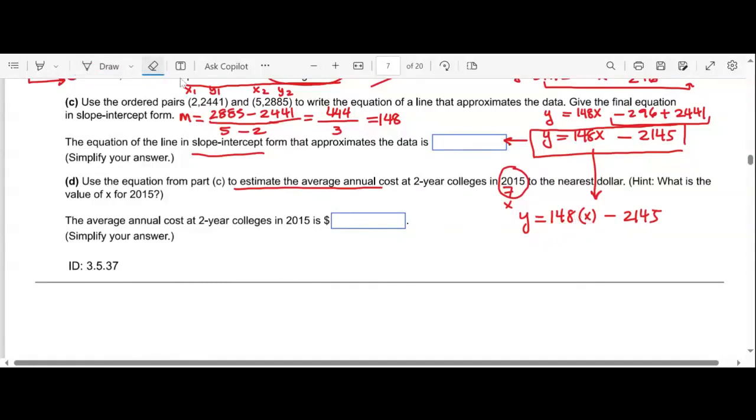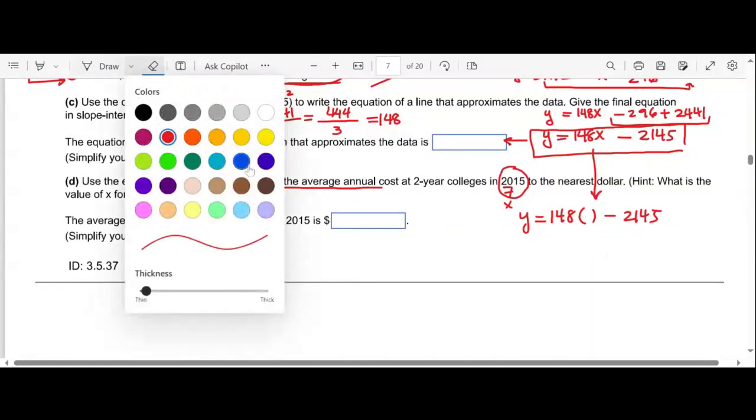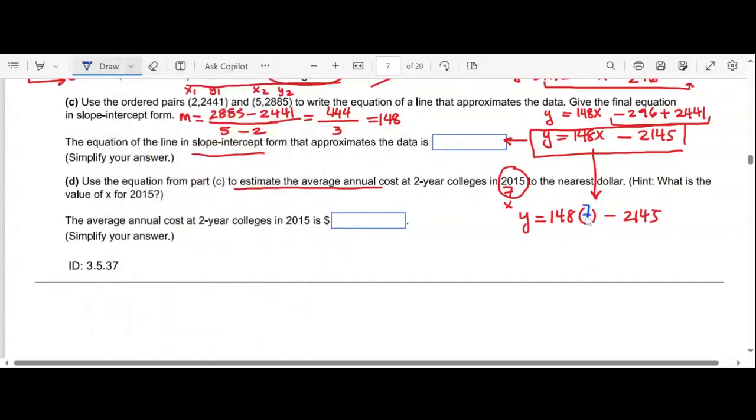So replace x by 7. Your answer will be 3,181 dollars. You put the value in here.